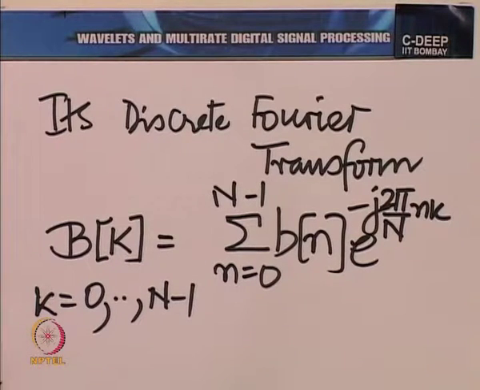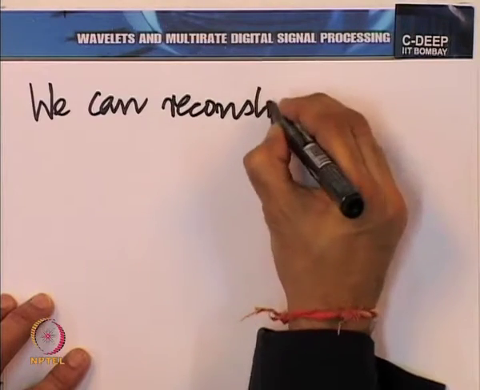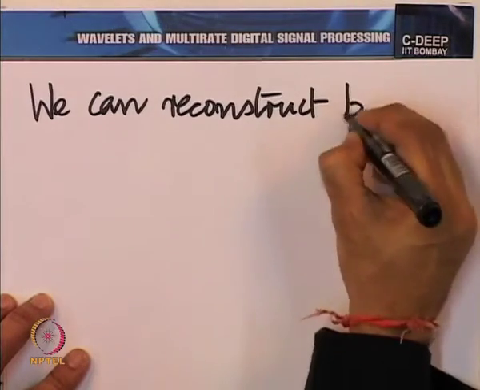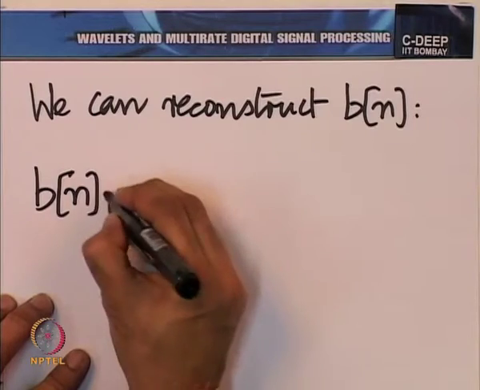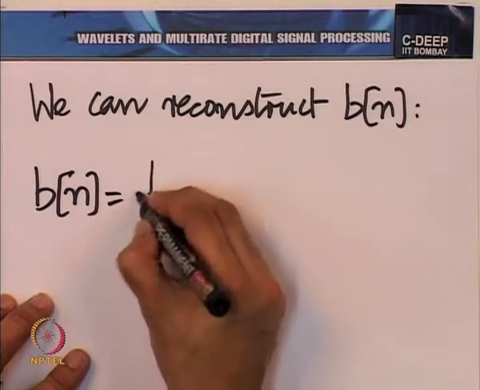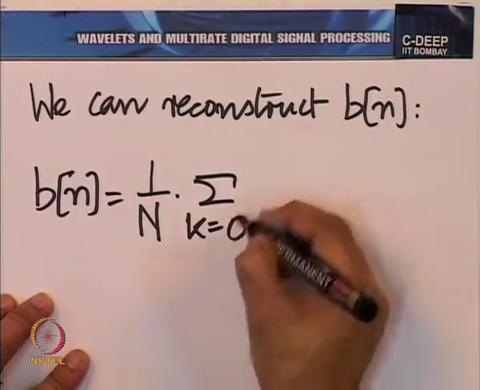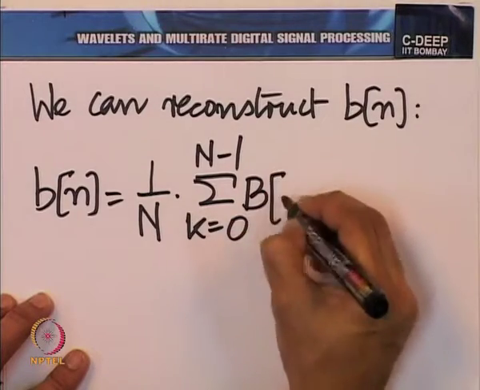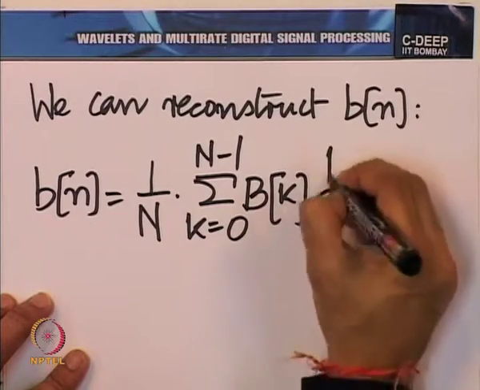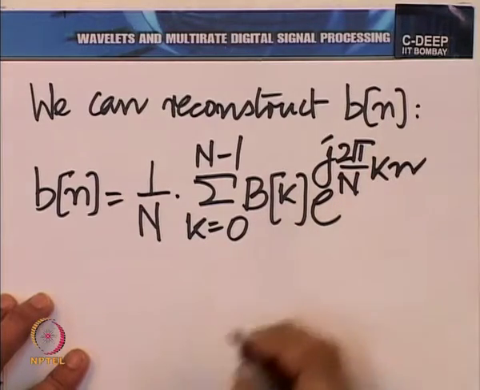And then we can reconstruct b[n] from its discrete Fourier transform. That is easy. b[n] is 1 by N summation k going from 0 to N minus 1 of capital B[k] e to the power j 2 pi by N k n.